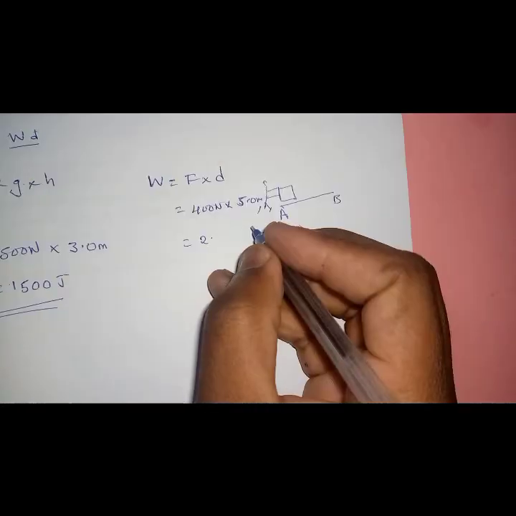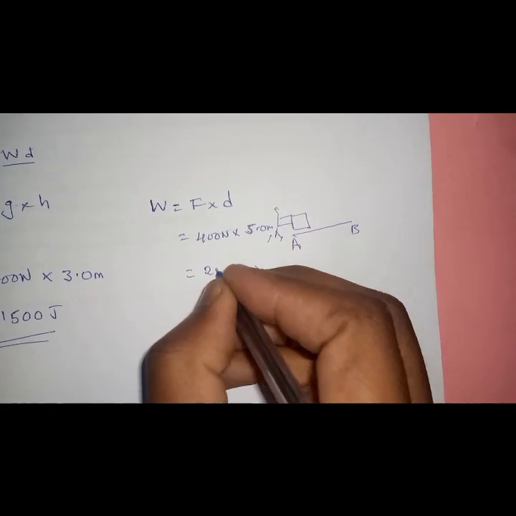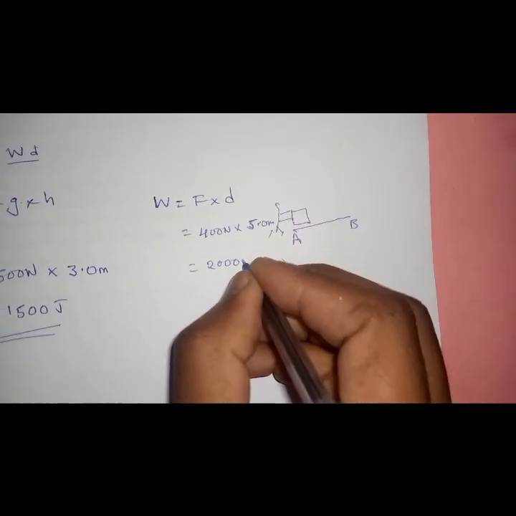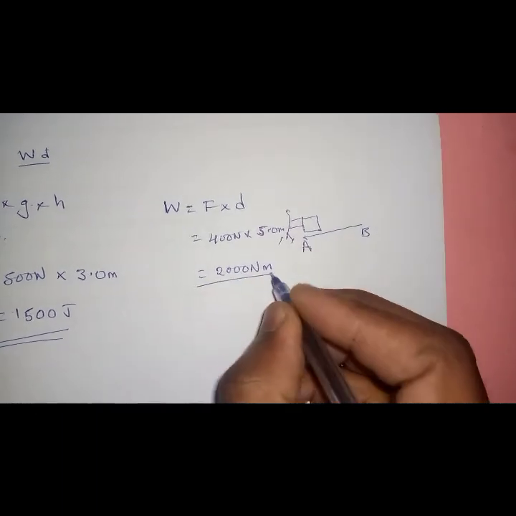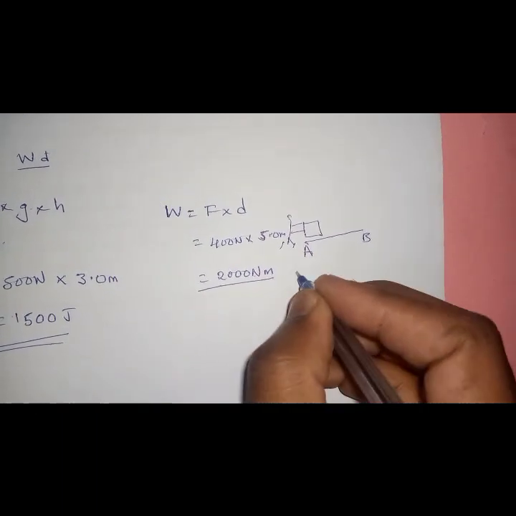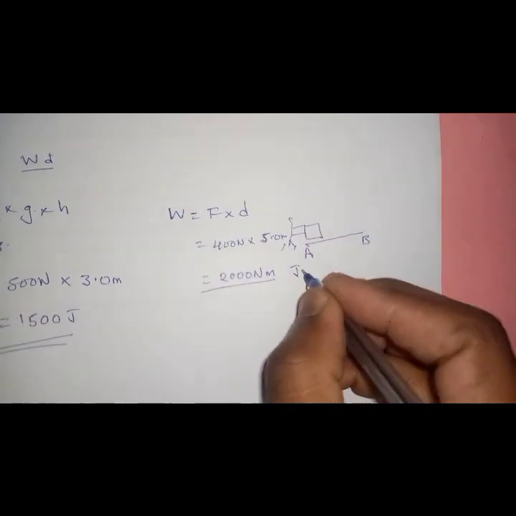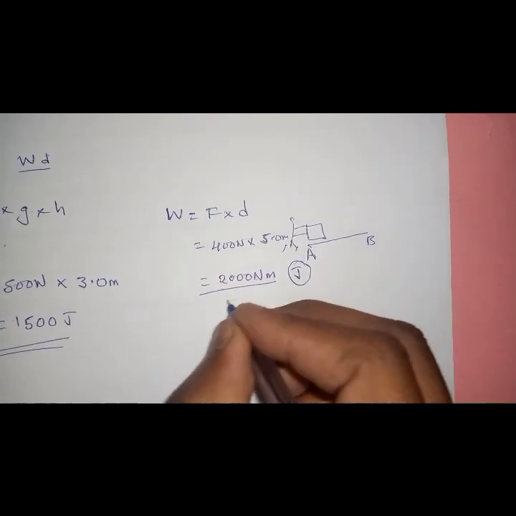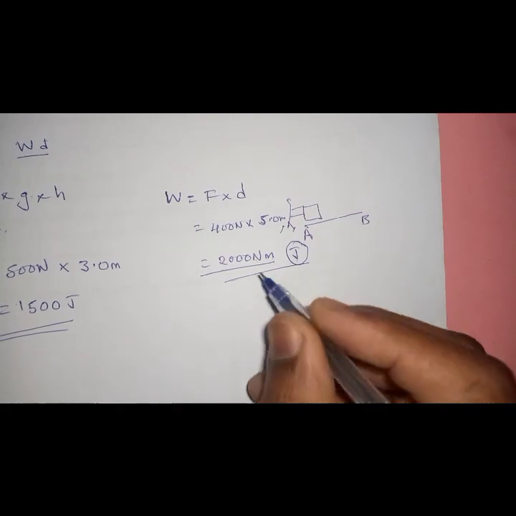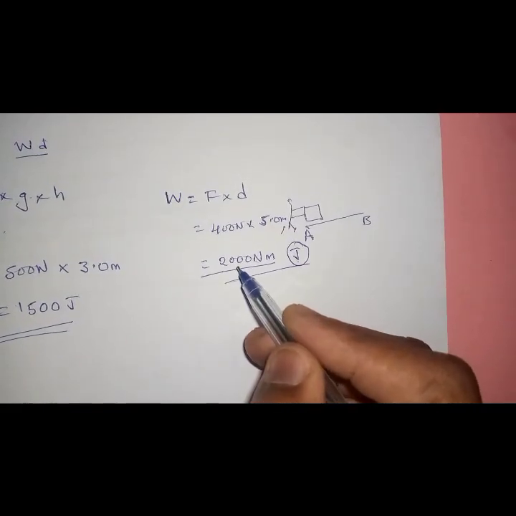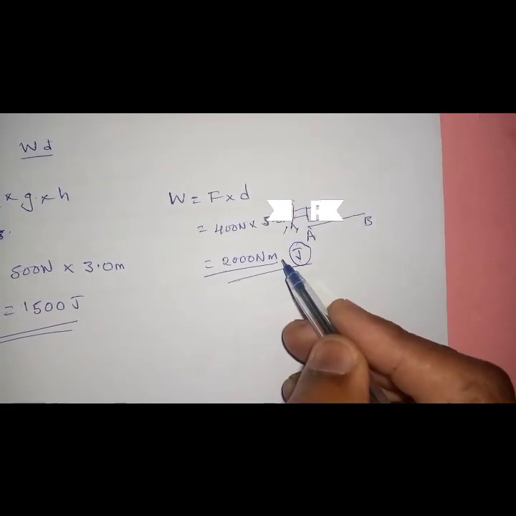So our work will be 2,000 Newton meter. Remember, Newton meter are collectively just joules as well. So you can use these units or the collective units. So our work is 2,000 joules.